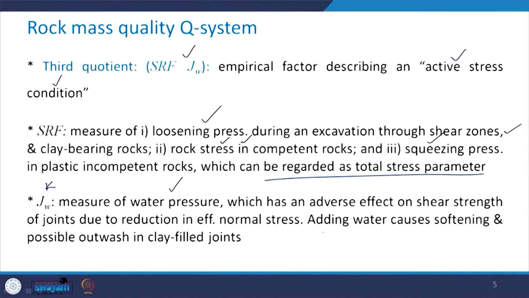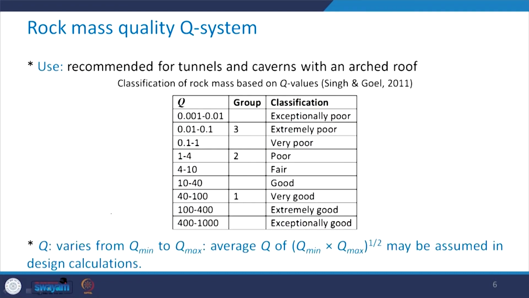So adding water causes softening, and there may be possible outwash in the clay filled joints. So this whole thing gives the reduction in the shear strength of the joints.